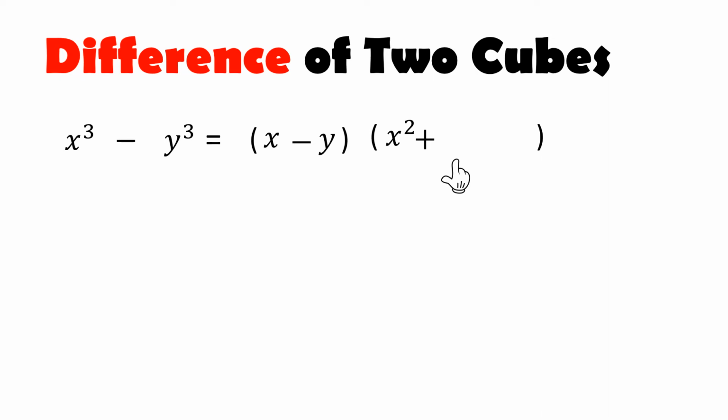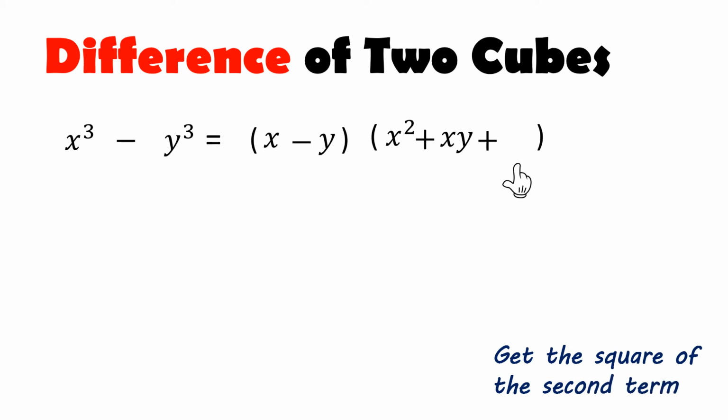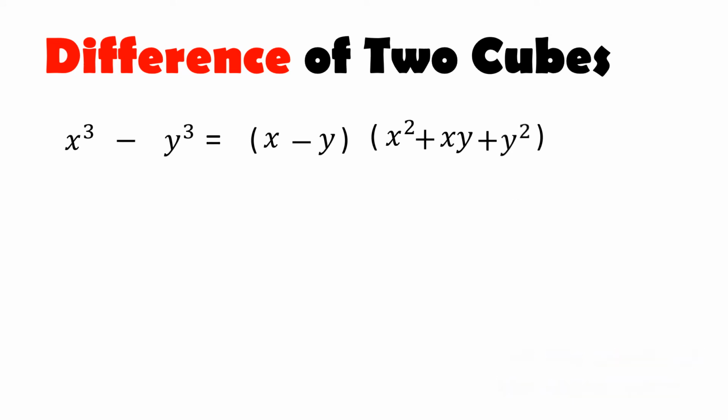To get the second term of the trinomial, multiply the two terms of the binomial. x times y is equal to xy. And then write down plus because it is considered as always positive. And to get the third term of the trinomial, you are going to get the square of the second term of the binomial, which is y. So the square of y is y squared. These are the factors of the difference of two cubes.